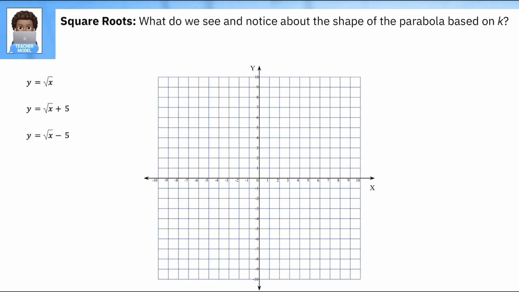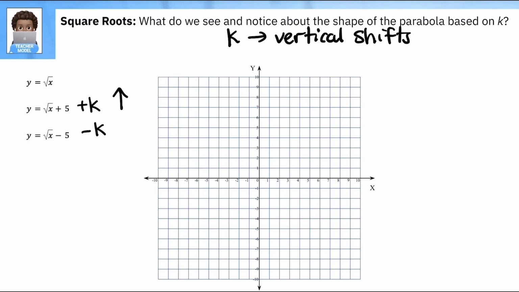Let's go on to our next one, which is our k. Our k represents the vertical shifts. And we saw that when k was positive, we shifted up, and when k was negative, we shifted down. So let's confirm if that's true. This is what we're expecting, right? We have our regular. We're expecting when it's positive, we're going to go up, and when it's negative, it's going to go down.